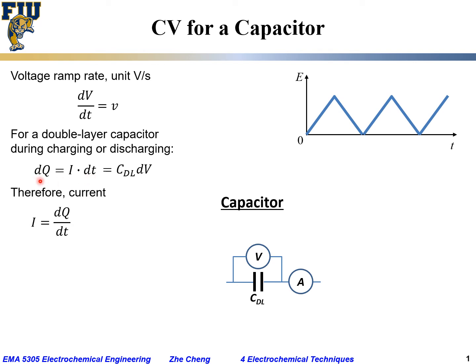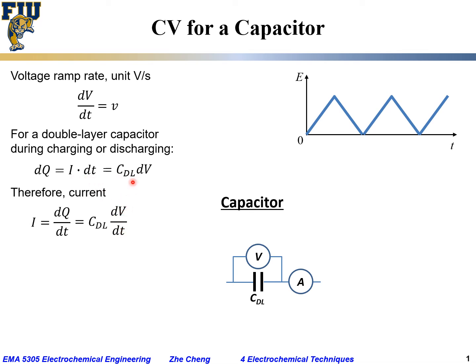Focus on the first two parts of this equation. Current would just be dq divided by dt. That's what we learned in physics. Current is just the incremental change in charge divided by the incremental change in time. And the current, based on the following part, would be just C, capacitance, times dV over dt.